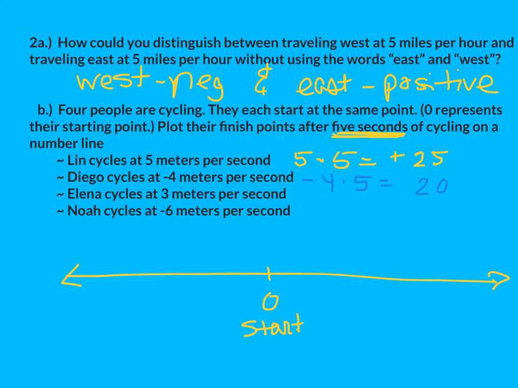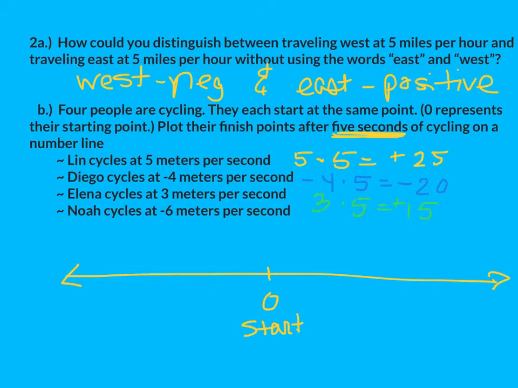I count 1 negative, so that's -20. Elena cycles 3 meters per second, so that's 3 meters times 5 seconds, a simple multiplication problem there, is 15. Of course, it's positive.